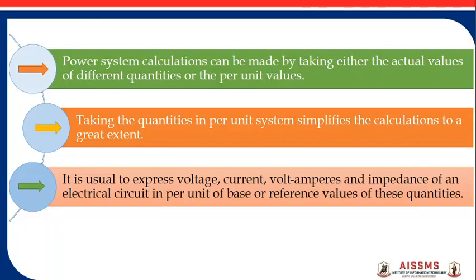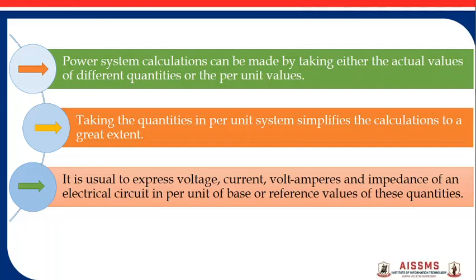So power system calculations are made in two ways. We can do the calculation by taking the actual values, but that will take a long time, or the calculations will become complex, because all the devices and equipments in the power system have very large ratings in megawatt, MVA, kiloamperes, kilovolts.